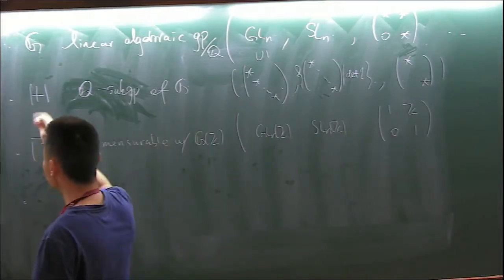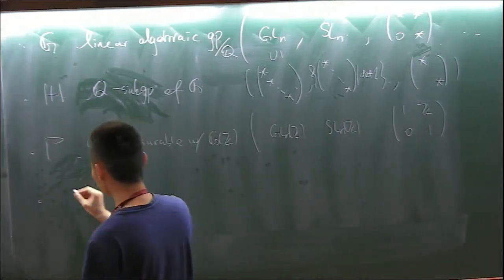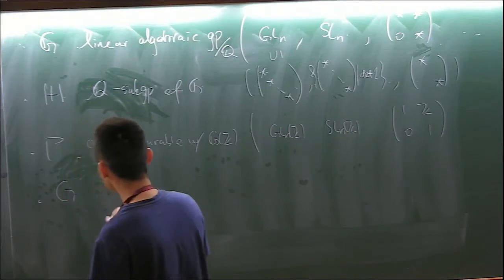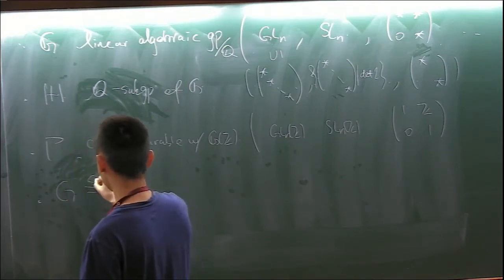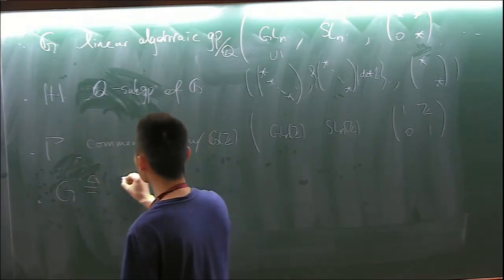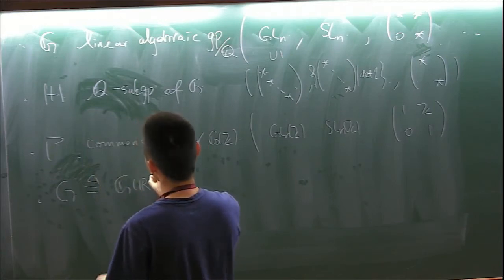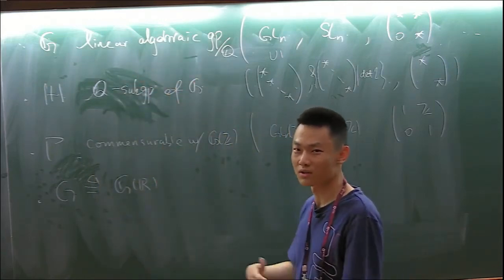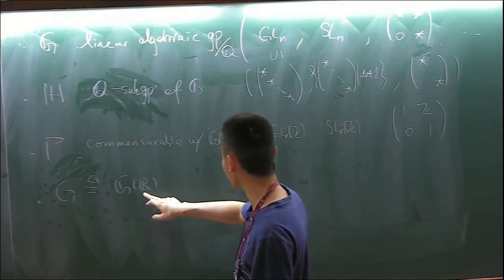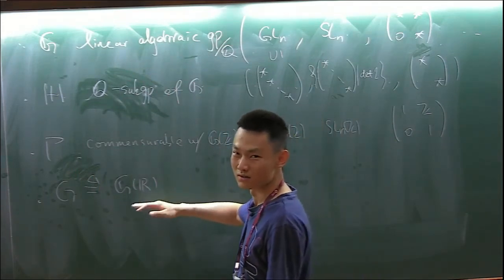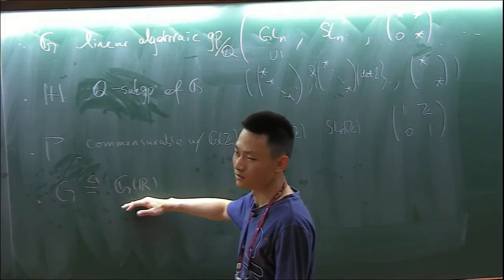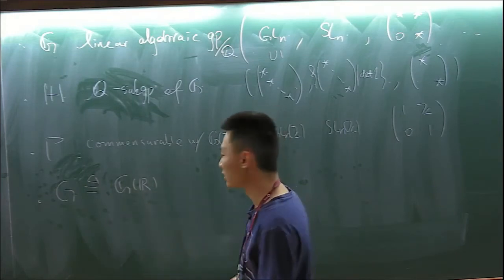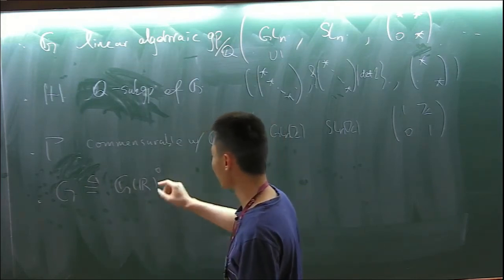This is a boldface letter, and I'm going to use Roman letters to denote the real points. Somehow you can think of a linear algebraic group as some kind of equations, and one day you decide to solve the equations in R, and that's a set, and it has the structure of a Lie group, and I want to take the connected component of this.